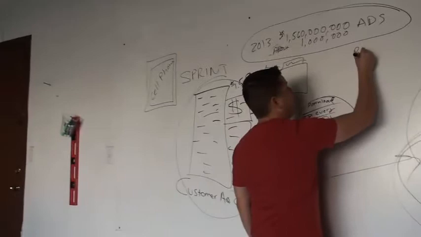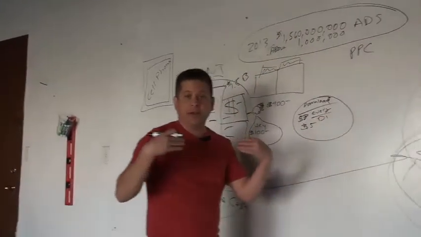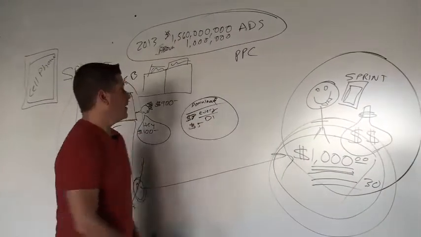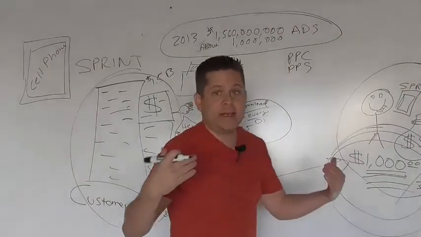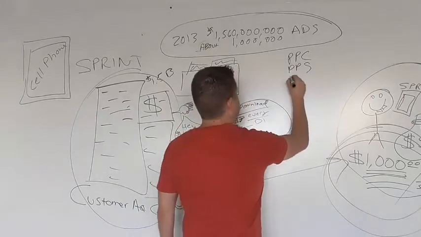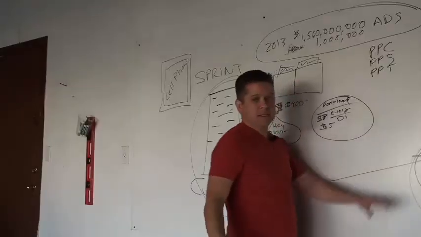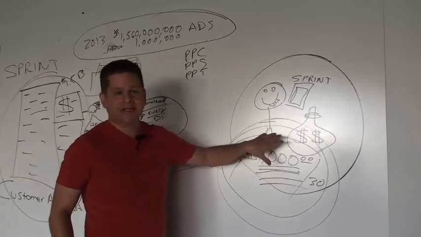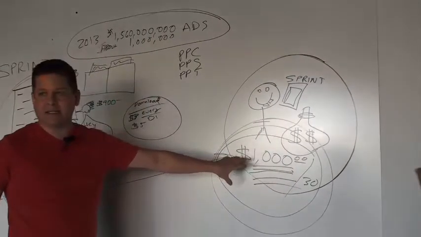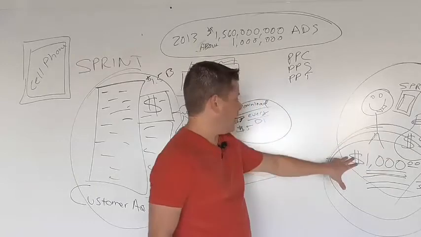Whether you're dealing with pay-per-click, where you get paid for a click, or pay-per-sale, where you're getting paid for a sale, or pay-per-trial. The cell phone thing is much like this because they're paying a bigger amount than the sale cost to get that customer. So pay-per-trial would be like that.